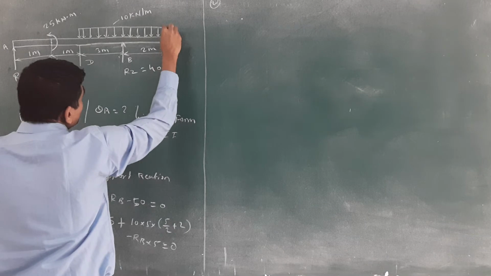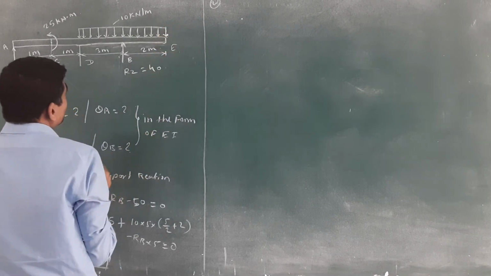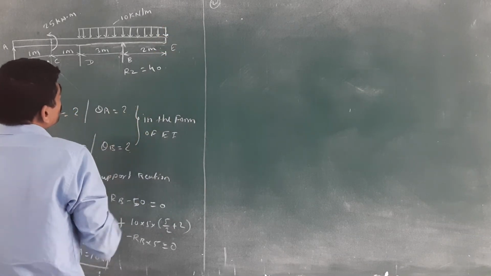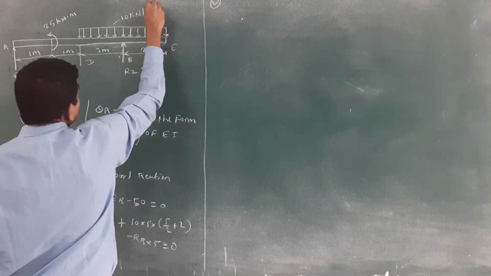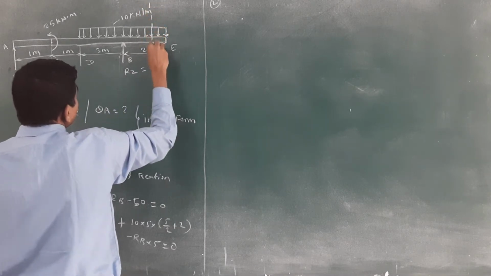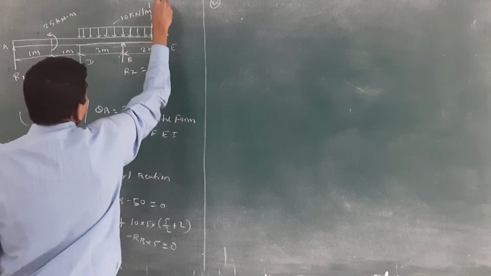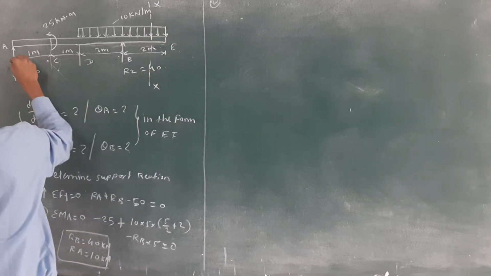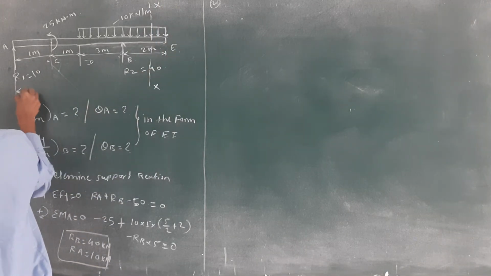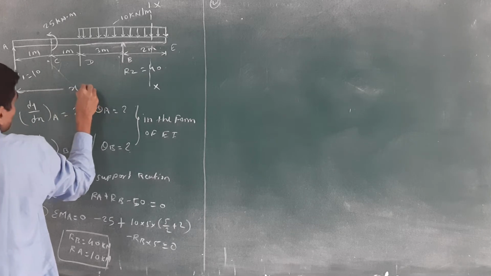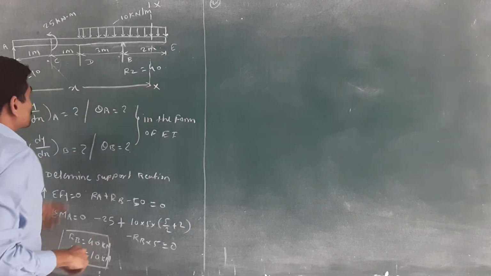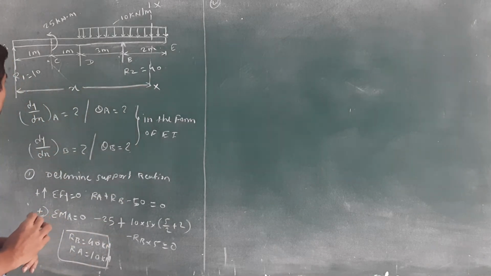Up to the end there is a UDL here, that's why we want to consider the section XX in the last portion of the given beam, from the left hand at a distance x. This is the second step.